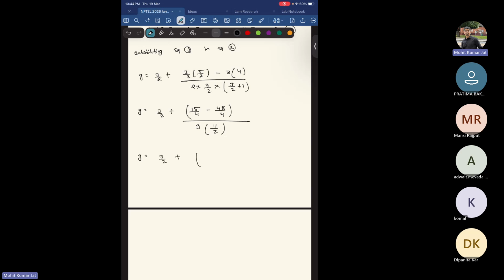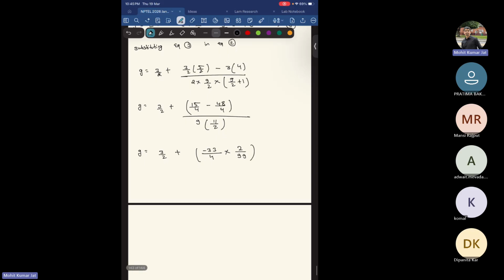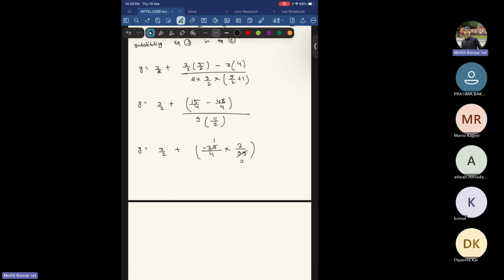If we solve it, 15 minus 48 will be minus 33, so 33/4 times 2/99, so g equals 3/2 plus, this will be minus 1/6. So 3/2 minus 1/6 is 16/12, which is roughly 1.334.